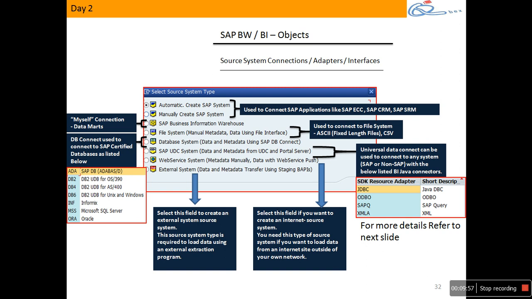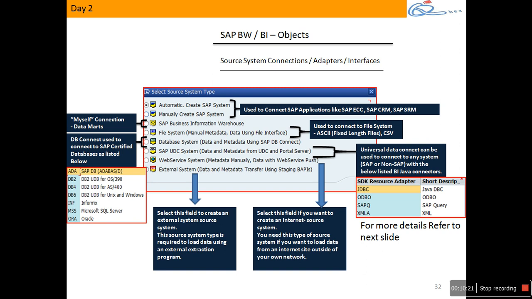But this plays on the Java stack. Your BW server will have programs of Java and programs of ABAP. So when I am leveraging the programs of Java, it means I am using the Java stack. If I am using the programs of ABAP, it means I am using the ABAP stack. That is the concept.